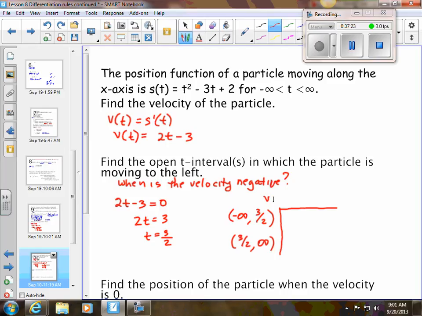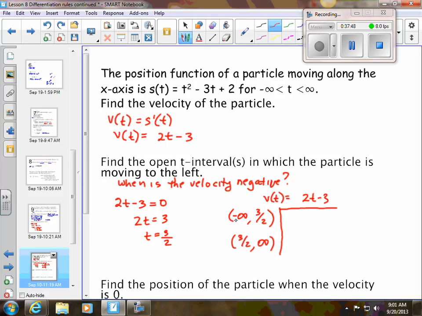I want to know what the sign is of the velocity in each of these intervals. The particle only changed direction one time at t equals 3/2. So the interval from negative infinity to positive infinity is broken up into two pieces.